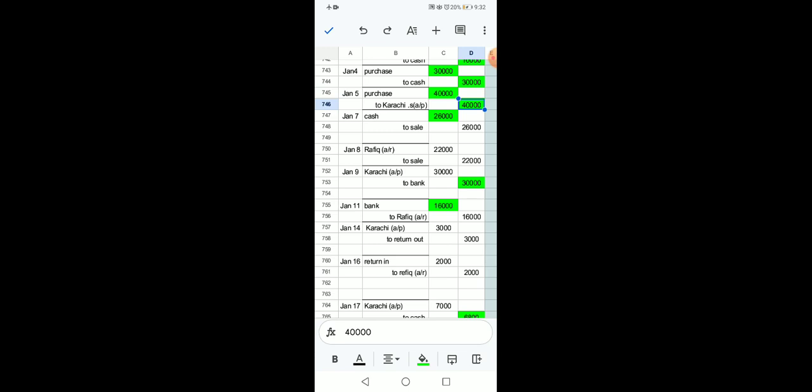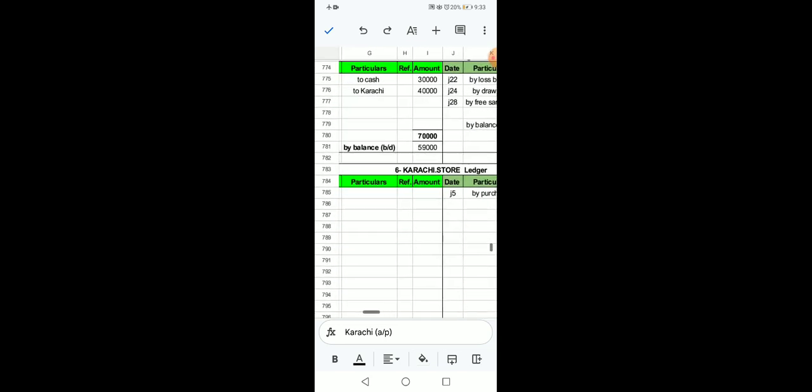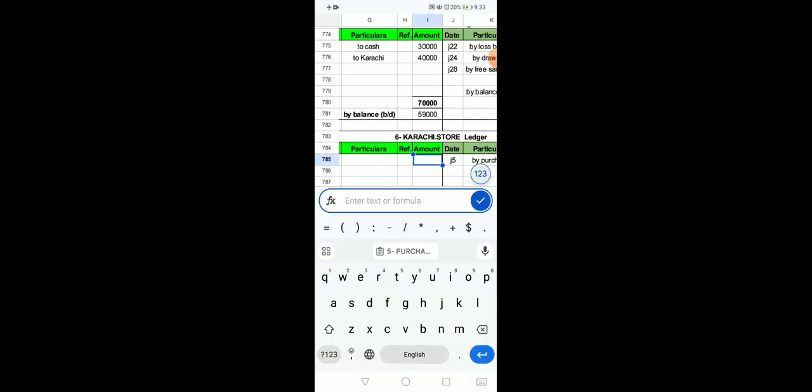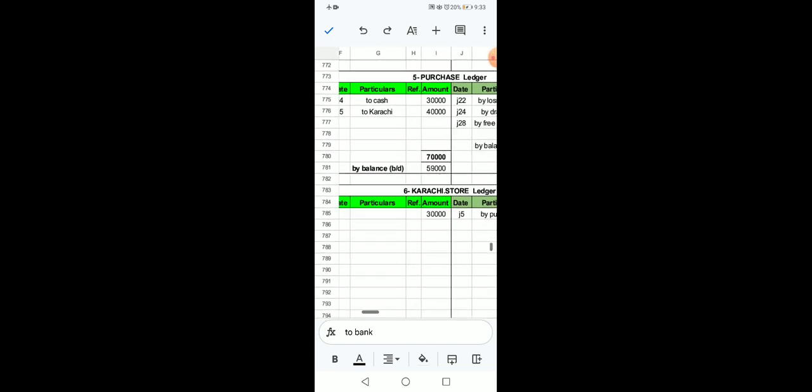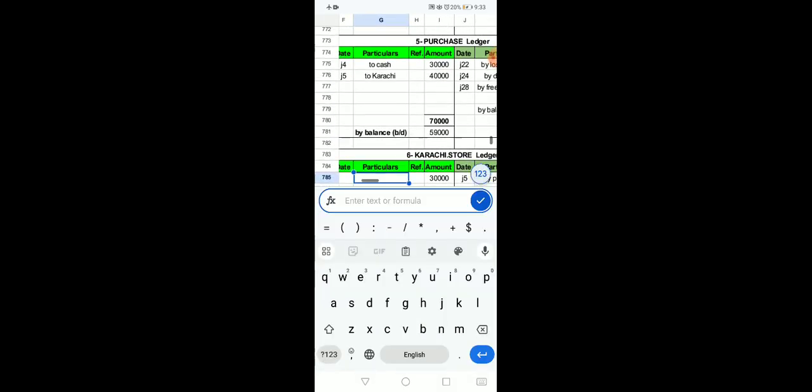Now see where else Karachi is present. January 7, no. 8, no. January 9, yes. Karachi is debited by 30,000. So go to Karachi's ledger, debit side, post 30,000 in the amount column. Now see what is the reference. Bank is written on the opposite side. So you will use reference to bank in the particular column.